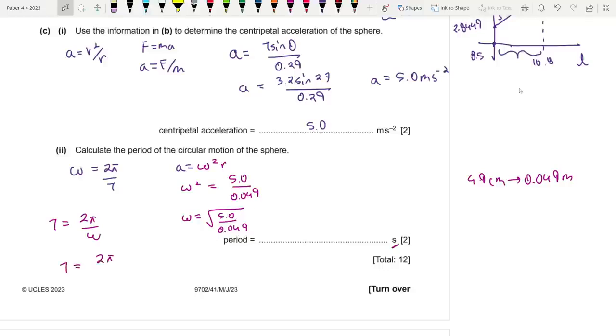So T is equal to 2 pi divided by root over 5.0 divided by 0.049. So let's solve that. 5 divided by 0.049, root over answer, then 2 pi by answer, which gives you an answer of 0.62 seconds.